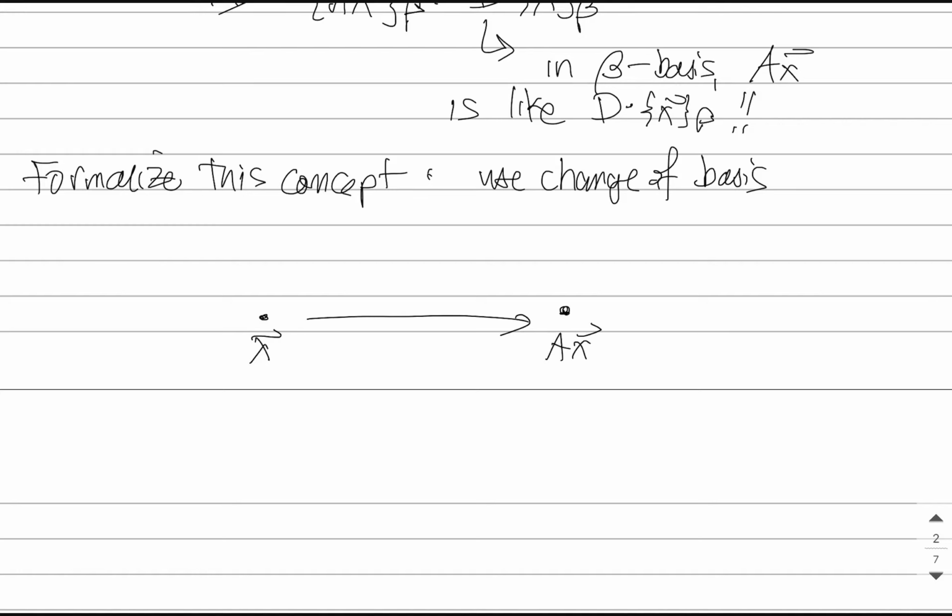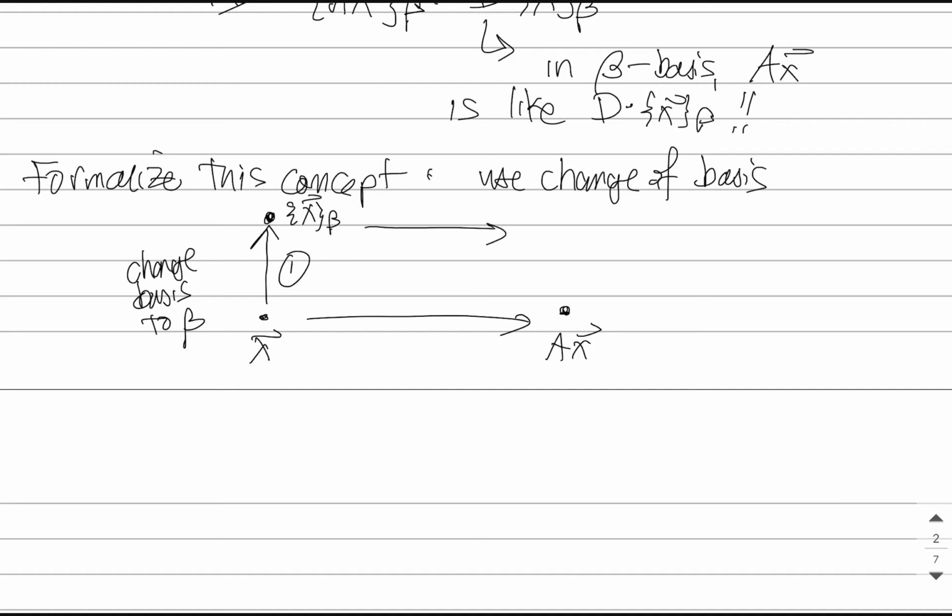We could just do it directly, but that wouldn't be taking advantage of this concept of eigenvectors. What we are going to do is, first of all, change basis to eigenvector basis. So that vector, we're going to change its name to xb.